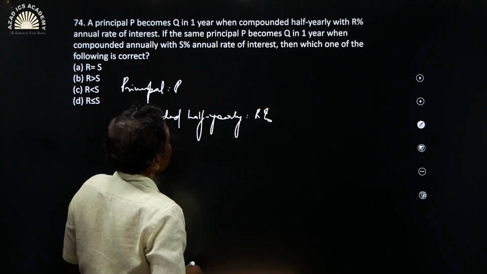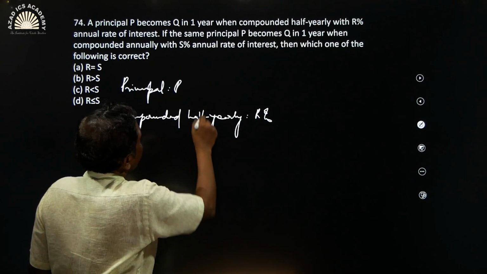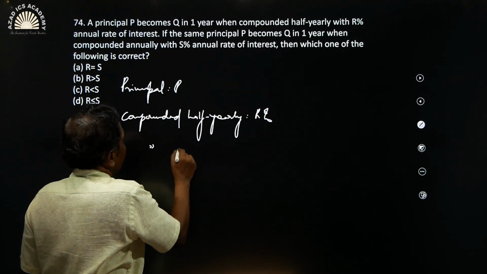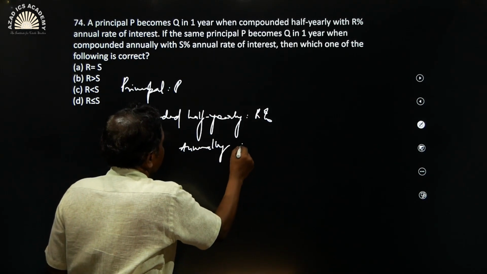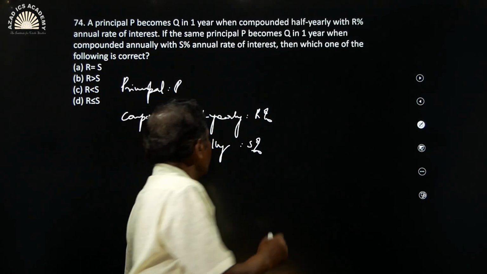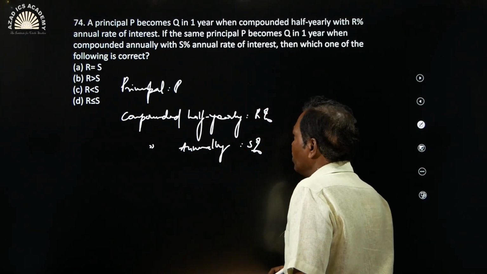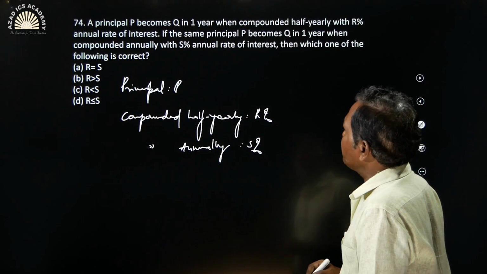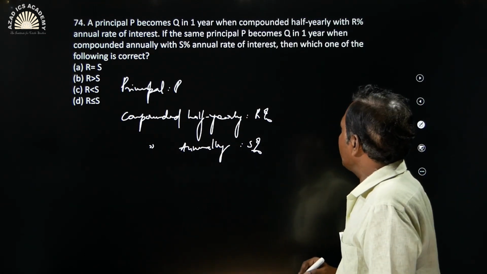The same principal becomes Q in 1 year when compounded annually is S%. The principal amount is the same in both cases. Compounded half yearly is R%, annually is S%. So you have to see the relation, which is more. Let us take one.